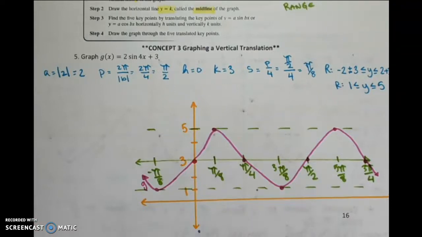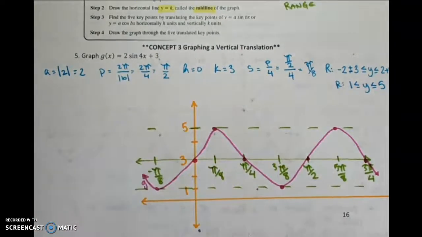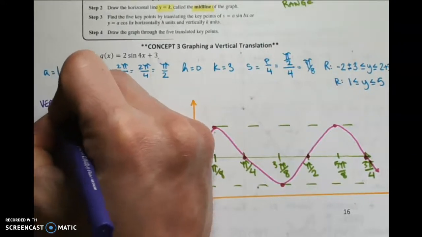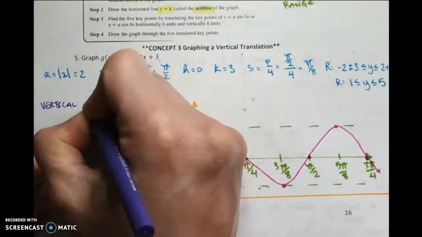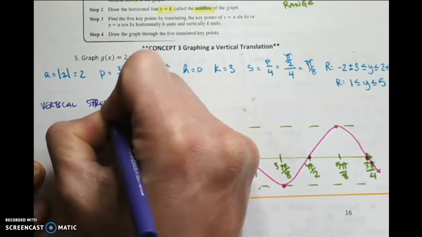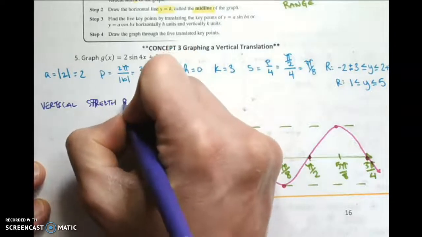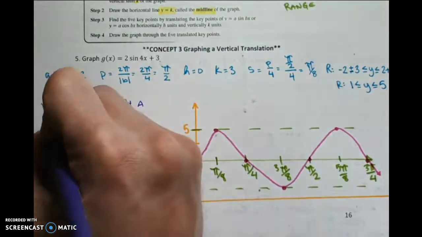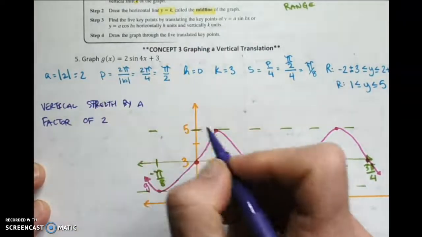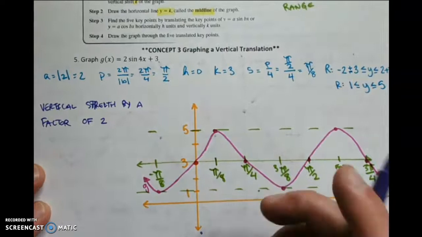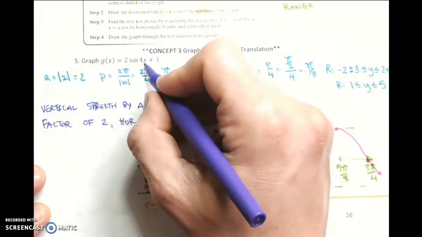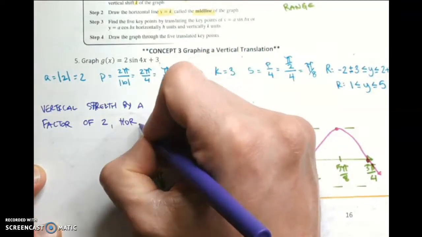So that 2 right there, again, is a vertical stretch by a factor of 2. Horizontal shrink by a factor of 1/4.